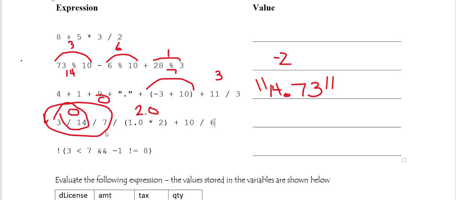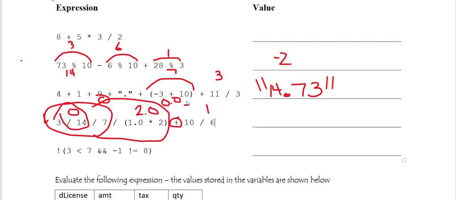And now we have another division, but one of the operands is a double. 0 divided by 2.0 results in the double 0.0, not the integer 0. Now we'll do this division, and we're back to integer division. So we have an integer divided by an integer, and that's going to give us 1.